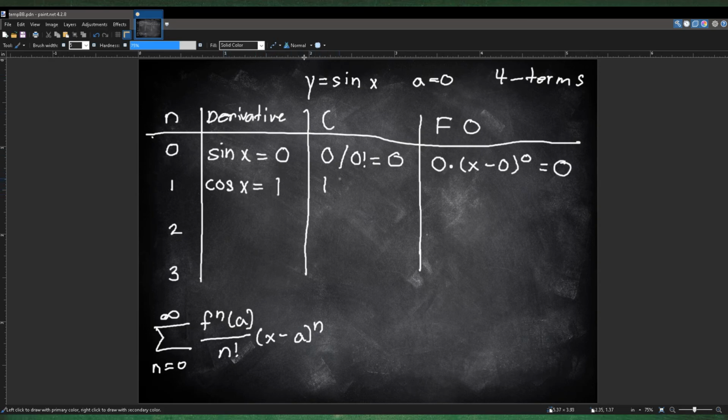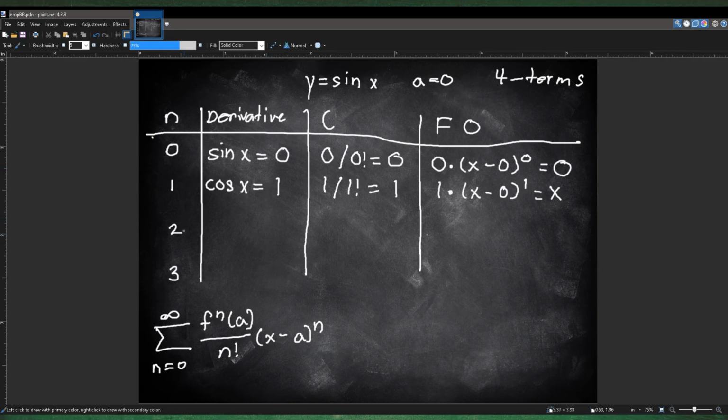And now we have 1 divided by 1 factorial, which is equal to 1. Now 1 times (x minus 0), following the formula, to the power of 1 because n is now equal to 1. So x minus 0 is x, and 1 times x is just x.